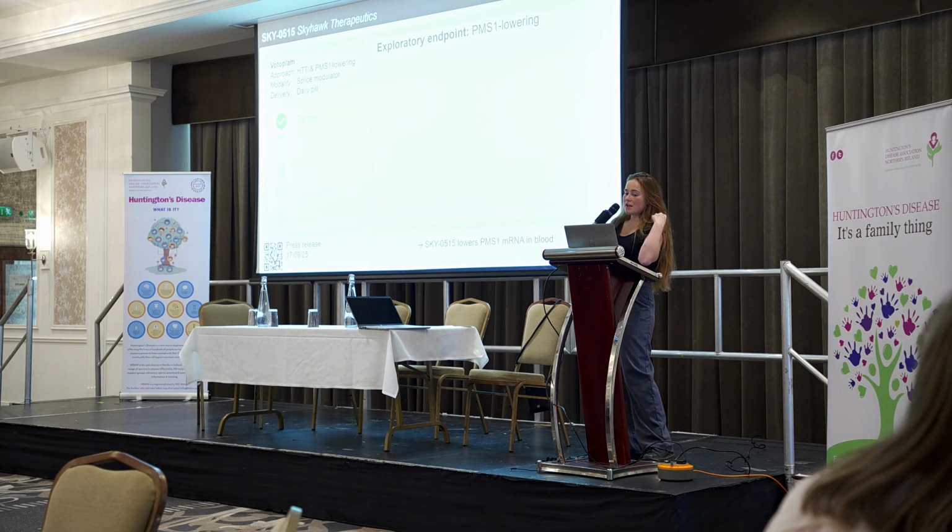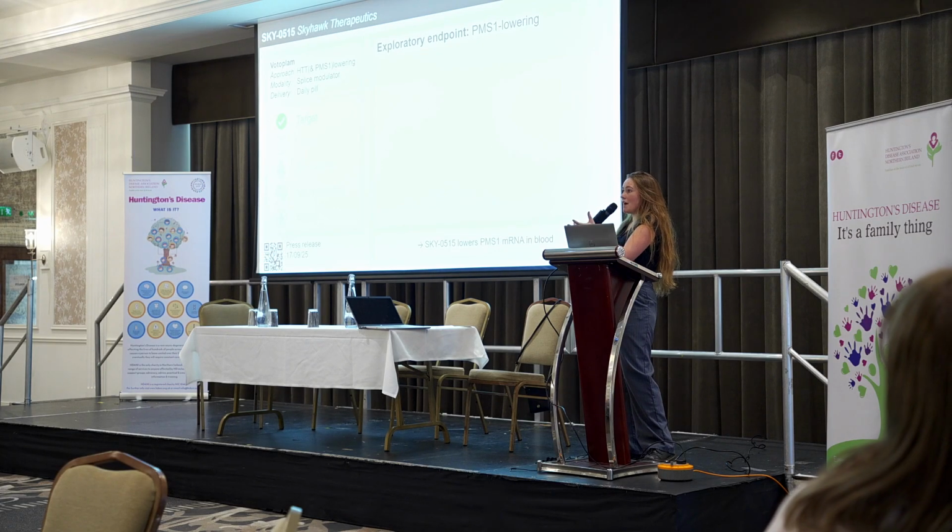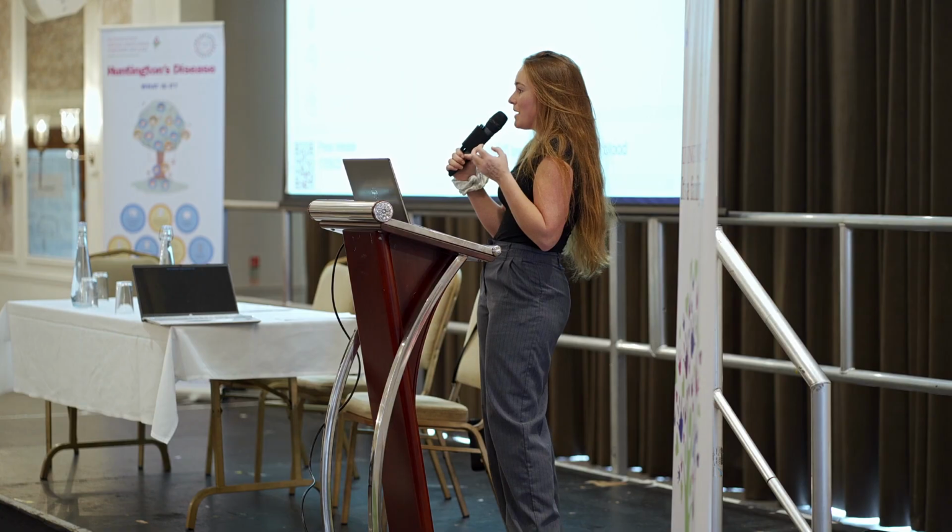Something else they looked at here was, basically, the effect of the drug is quite non-specific. So whilst it lowers Huntingtin, there are also other proteins that it lowers, and one of those is called PMS1.